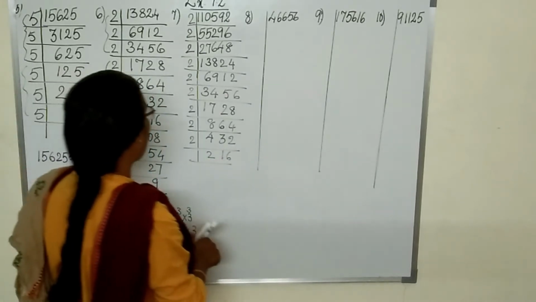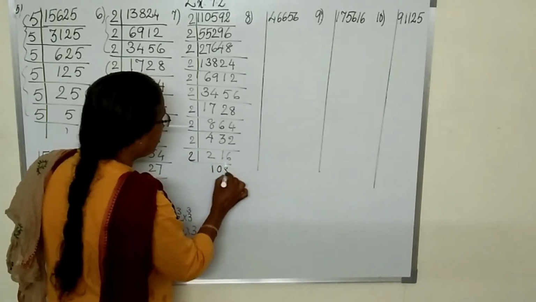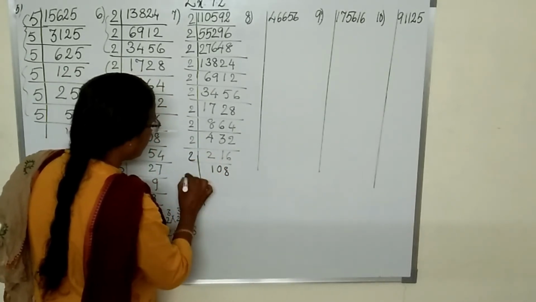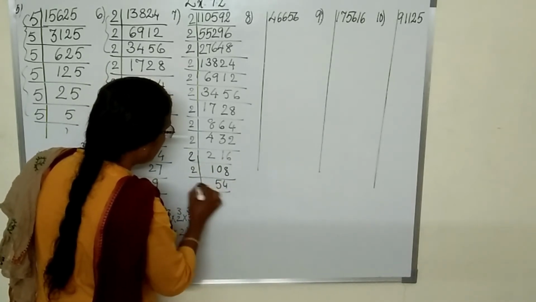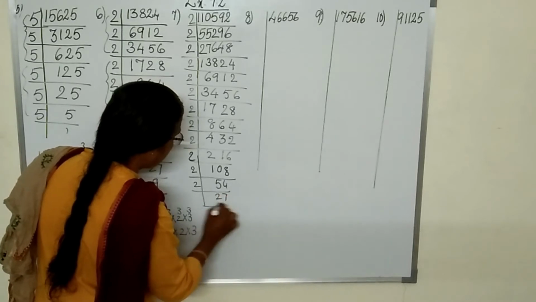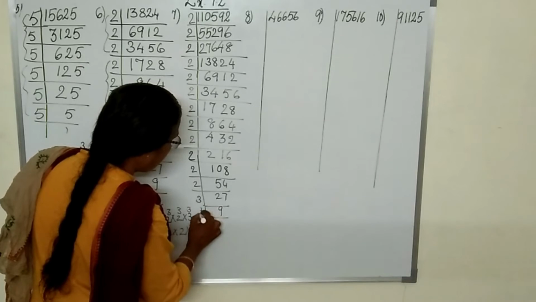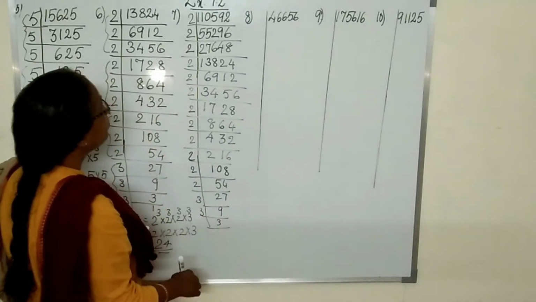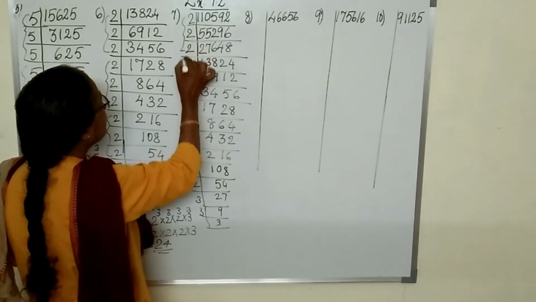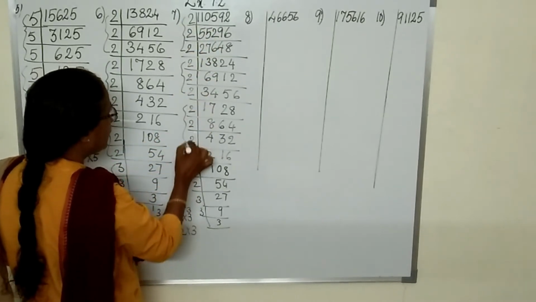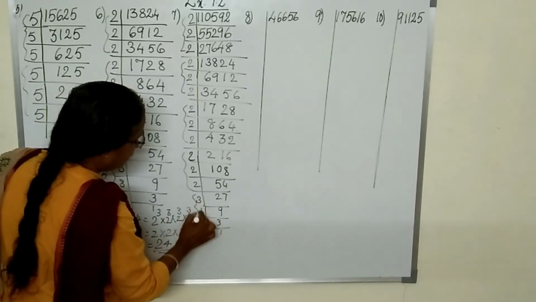Then 108, 2, 54, 2, 27. 3 9s, 3 3s. Now you see 1 2 3, 1 2 3, 1 2 3, 1 2 3, and here also 1 2 3.